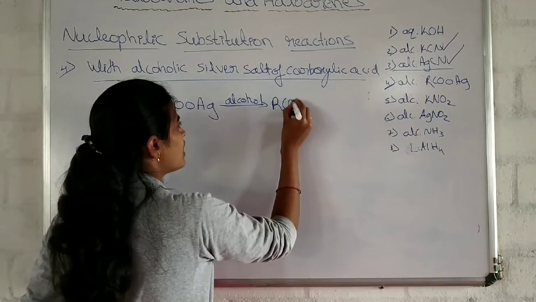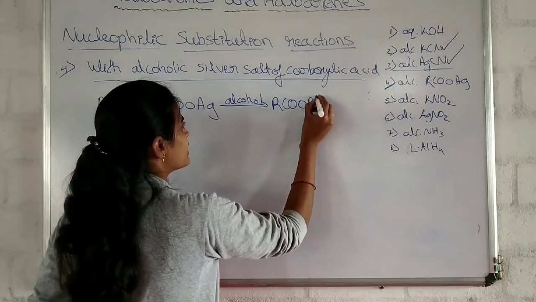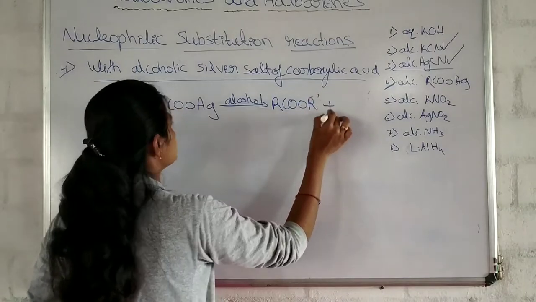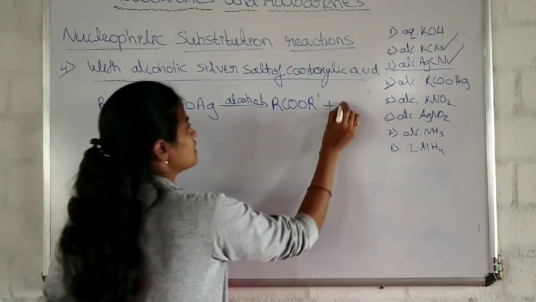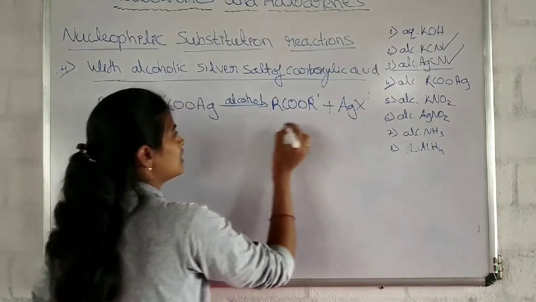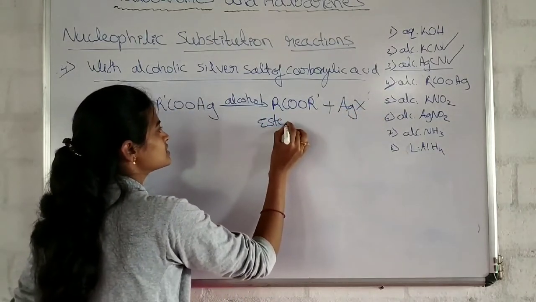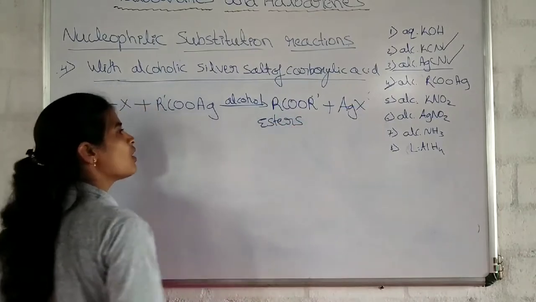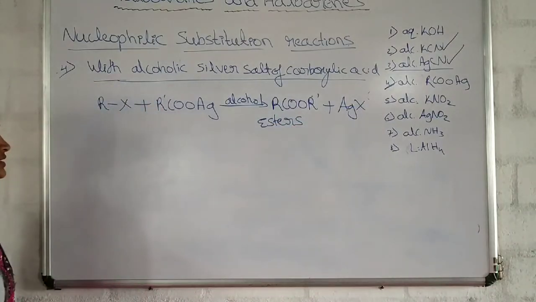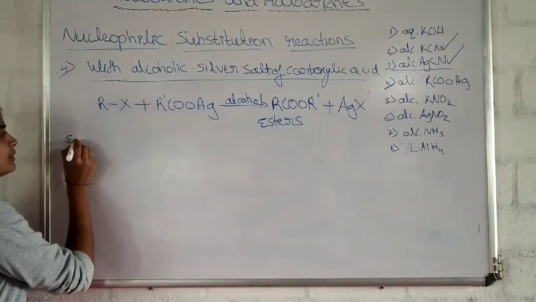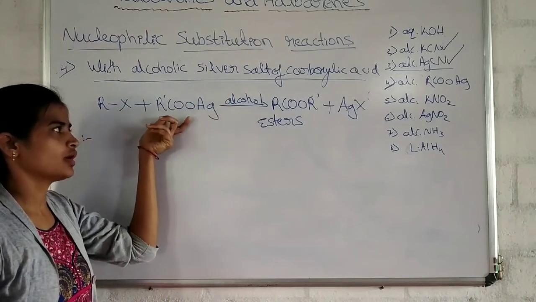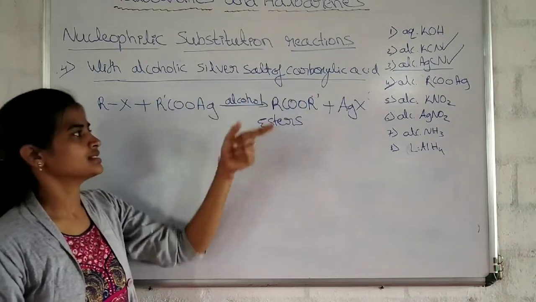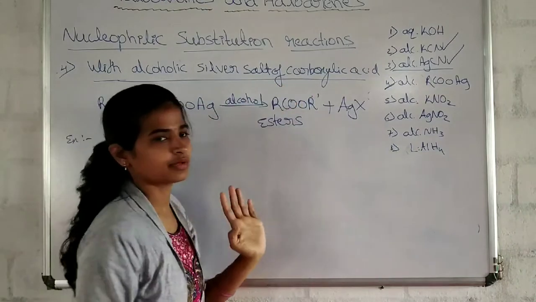It forms RCOOR' plus AgX. These are the esters. When alkyl halide is treated with the alcoholic silver salt of carboxylic acid, esters are formed.